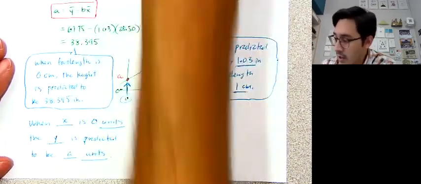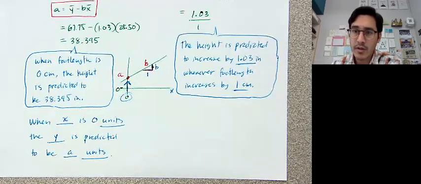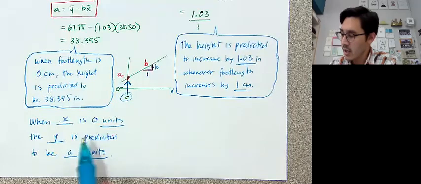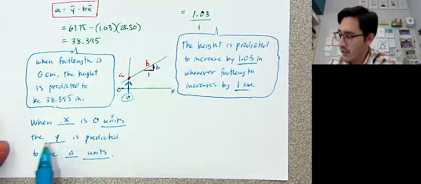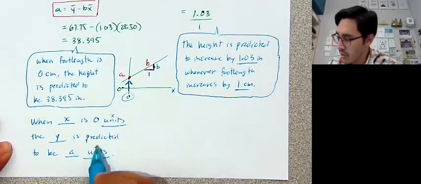Anything that I underline, you would replace with an actual number or some actual context. When the x variable is 0 units, I probably should say x units, the y variable is predicted to be a units, and these would be the y units.